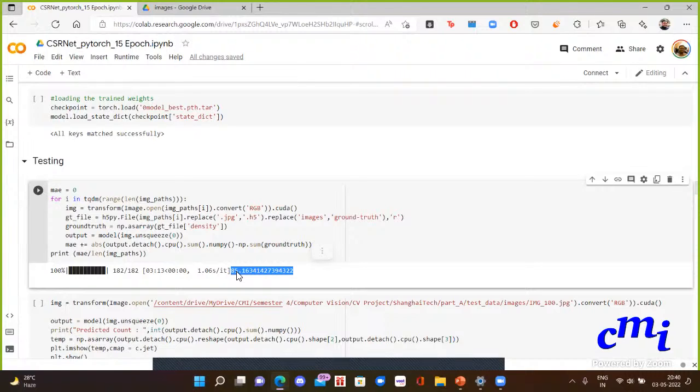Are they in a similar range? For other methods, 69 that CSRNet has was good, because whatever they did with the MCNN, the multi-column neural network, was beyond 100. So from that point of view, CSRNet was doing pretty well.